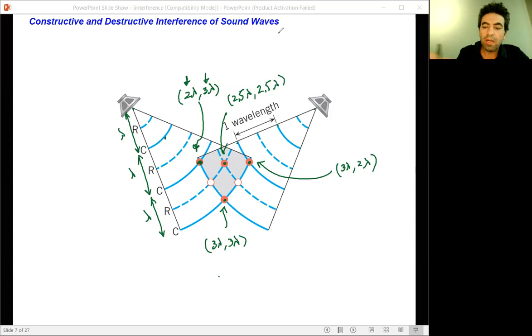Okay, so what about if I think about the destructive interference points? Well, I get 2.5, and then I get 3. So 2.5 and 3. And this one would be 3 and 2.5.